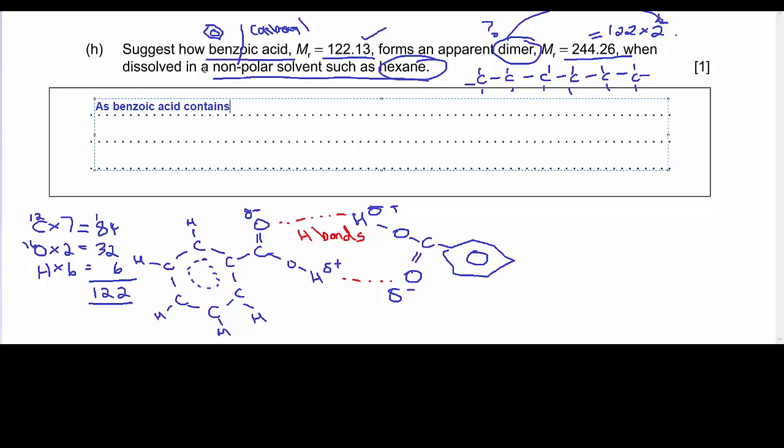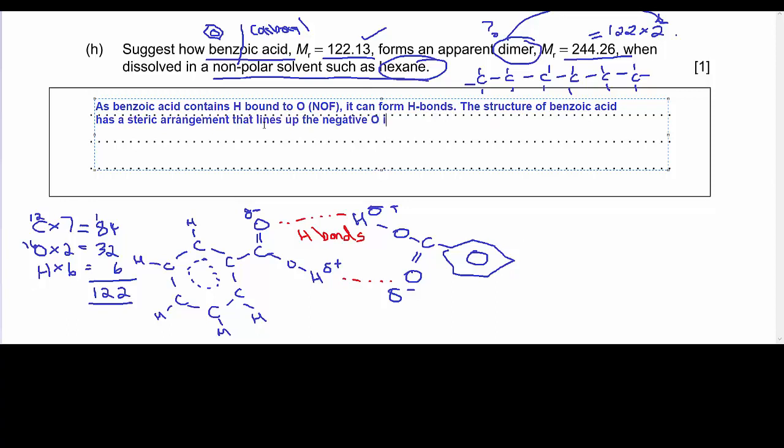So as benzoic acid contains hydrogen bound to oxygen, it can form hydrogen bonds. The structure of benzoic acid has a steric arrangement that lines up the negative O in the C=O bond with the positive hydrogen in the hydroxyl bond, OH.